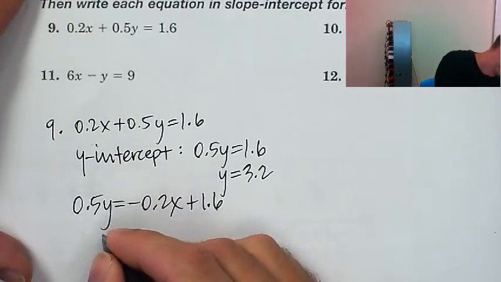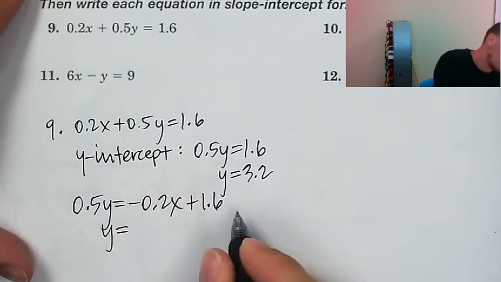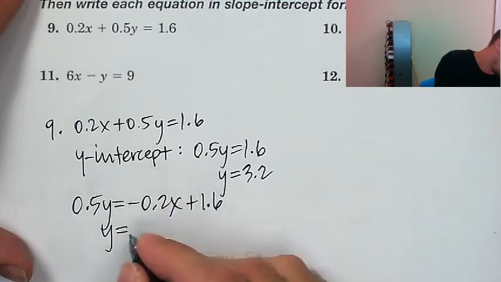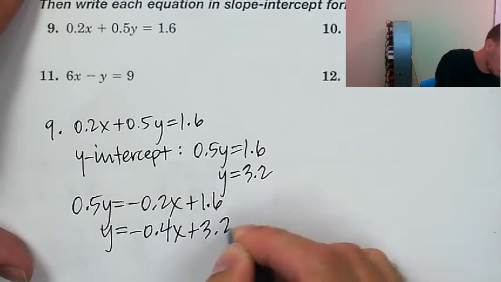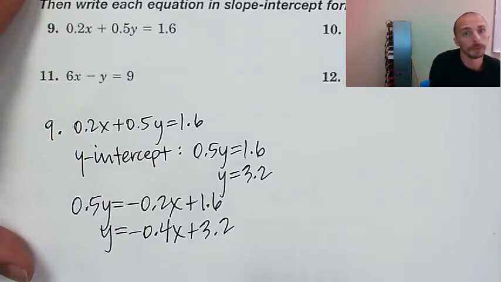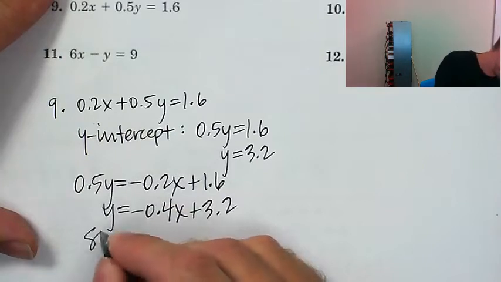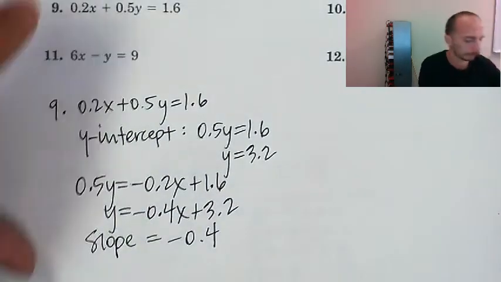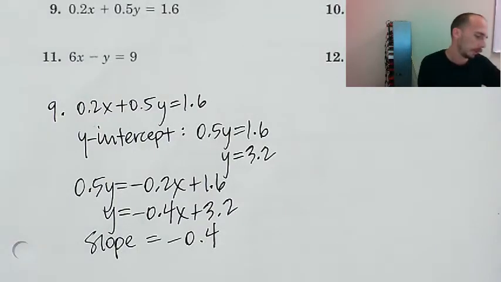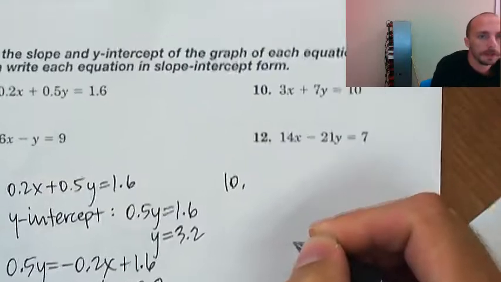So I'm going to multiply both sides by 2, and I'm going to double everything. 1y equals negative 0.4x plus 3.2. I guess it's good that I got 3.2 both places. And then the slope will be equal to negative 0.4.